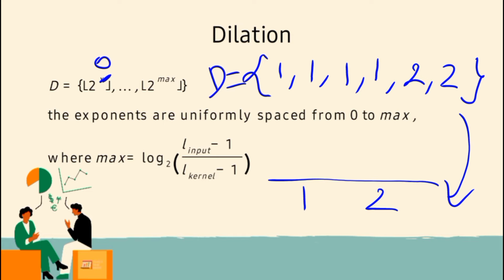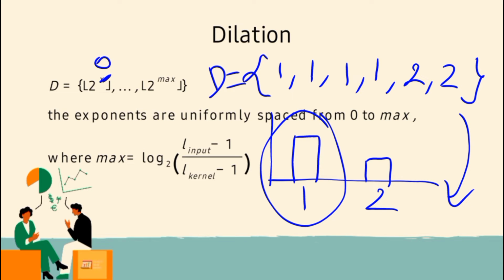If we make a bar plot, we have 4 occurrences of dilation 1, and 2 occurrences of dilation 2. That means for kernels with dilation 1, we want to take 4 bias values, whereas for kernels with dilation 2, we want to take 2 values only.